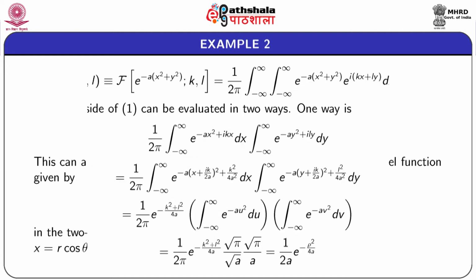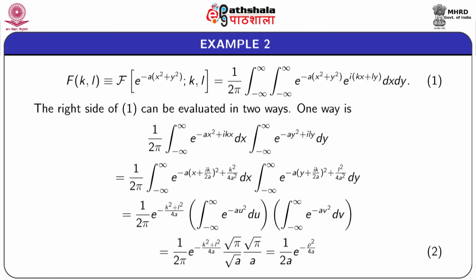And this is given by capital F(k, l), which is the two dimensional Fourier transform of the function e to the power minus a (x square plus y square), which is equal to 1 by 2 pi double integral from minus infinity to plus infinity e to the power minus a (x square plus y square) e to the power i (k x plus l y) dx dy as given by equation 1.